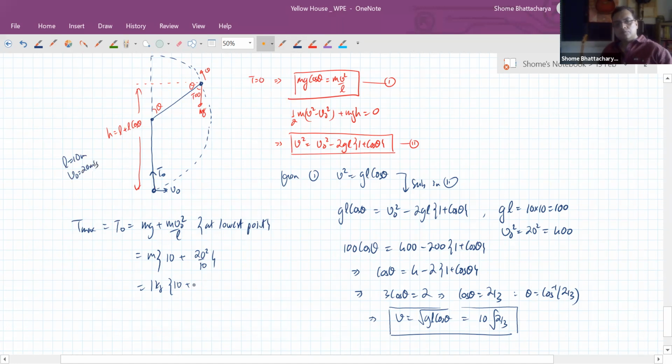So 50 newtons is the maximum tension. And minimum tension is 0 at theta equal to cos inverse 2 by 3 as shown.